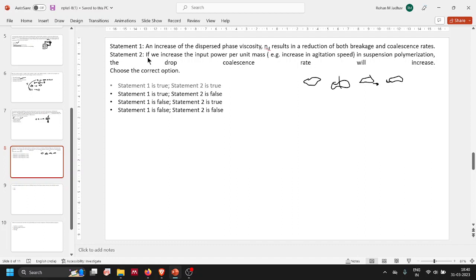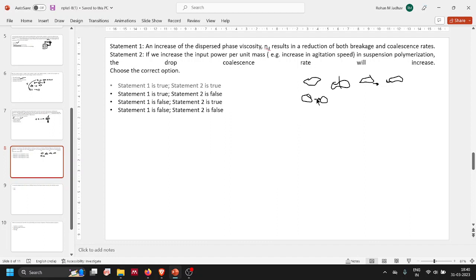So the next one we have: if we increase the input power per unit mass, the increase in agitation speed in suspension polymerization, the drop coalescence rate will increase. So in suspension polymerization, if you are rotating the suspension fast enough, the drop coalescence rate will increase. Why would this happen? When you have droplets being rotated at a high velocity, you're basically forcing the drops to come together.